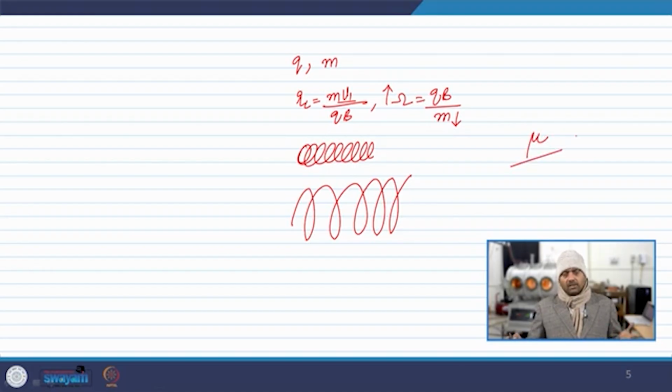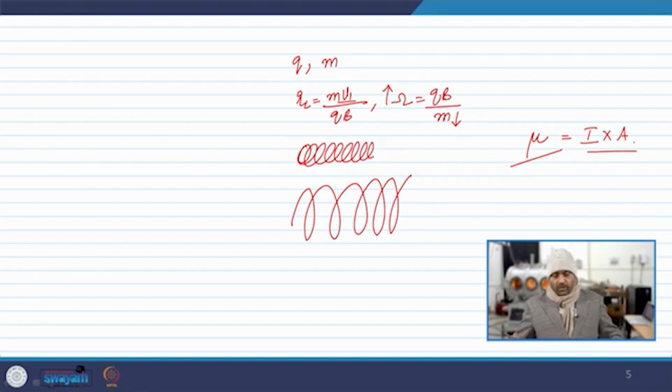Magnetic moment in the context of a bar magnet can be written as a measure of the magnetic pole strength and the distance between the poles. So, it tells you how strong the magnetic field is that is generated out of that magnet.